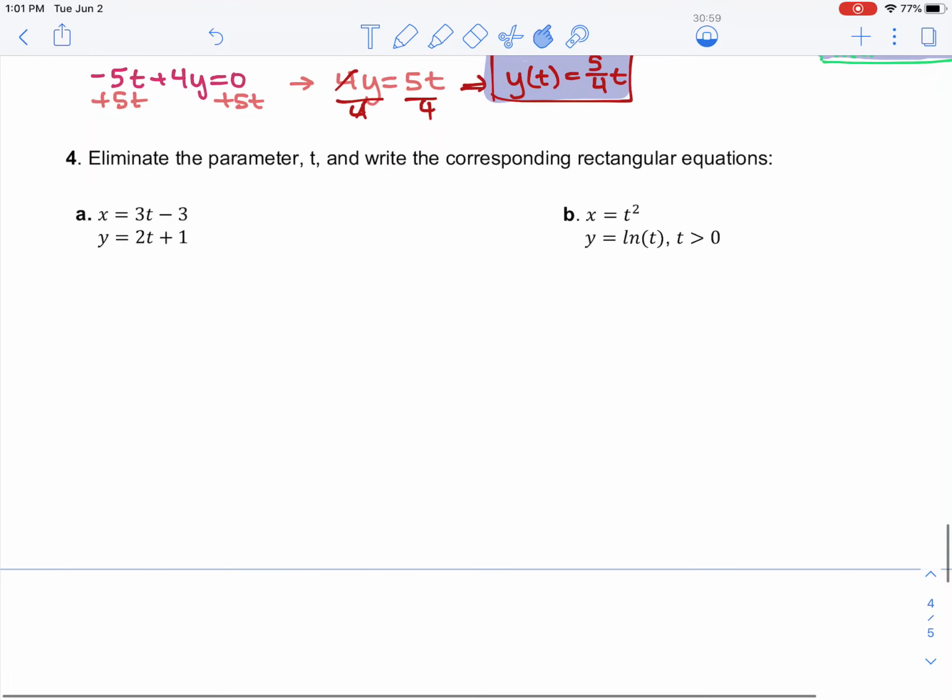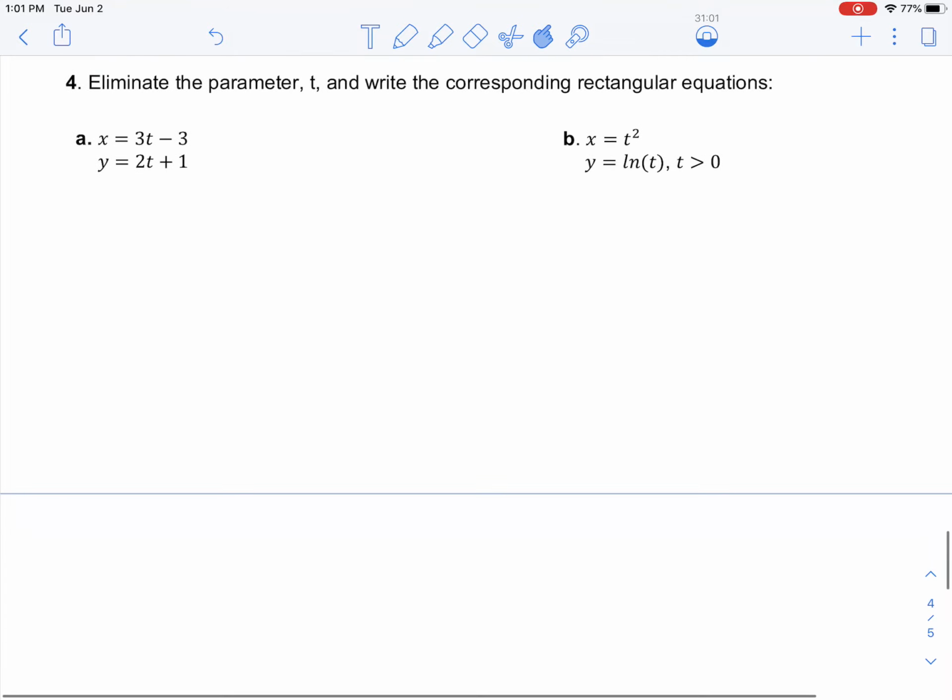Okay, so we're going to go ahead and in the same video jump down to all 4 parts of problem 4. Problem 4 is telling us to eliminate the parameter t and write the corresponding rectangular equations. So we want to be able to express these two parametric equations as one expression relating x and y.